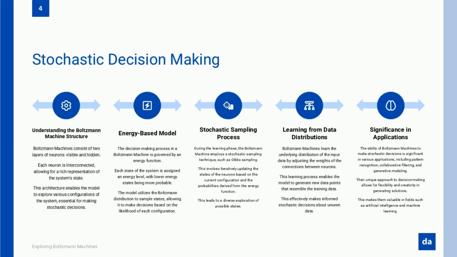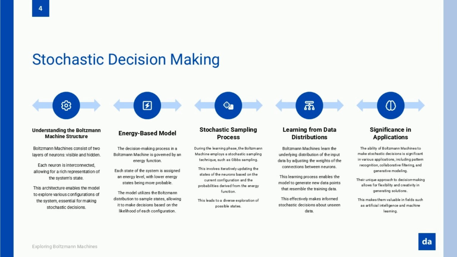But here's where it gets even more interesting. Boltzmann machines don't just learn by minimizing error like traditional networks. They explore different states using a process called stochastic sampling. Instead of immediately settling on a fixed pattern, they randomly switch between different configurations, evaluating which ones produce the most meaningful relationships in the data.